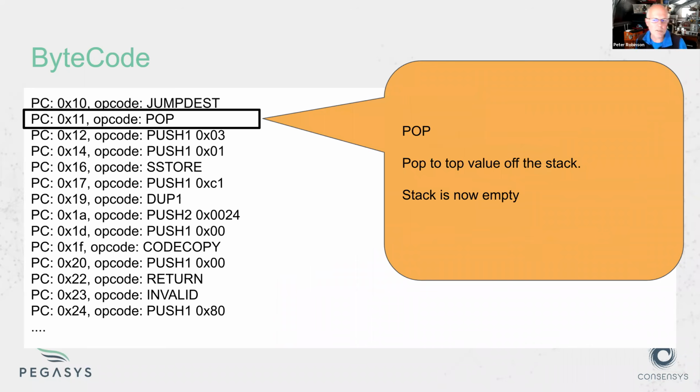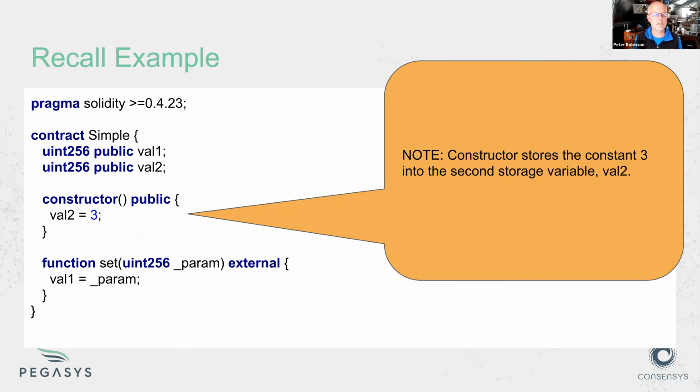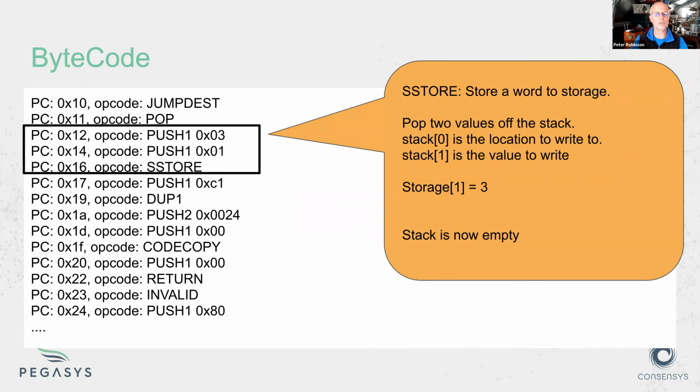Pop pops the value that's on the top of the stack off and just throws it away. Now it's worth recalling that we were setting val2, which is the second storage location, to the value 3. So what we can see here is we push 3 onto the stack, we push 1 onto the stack, and then we store it.